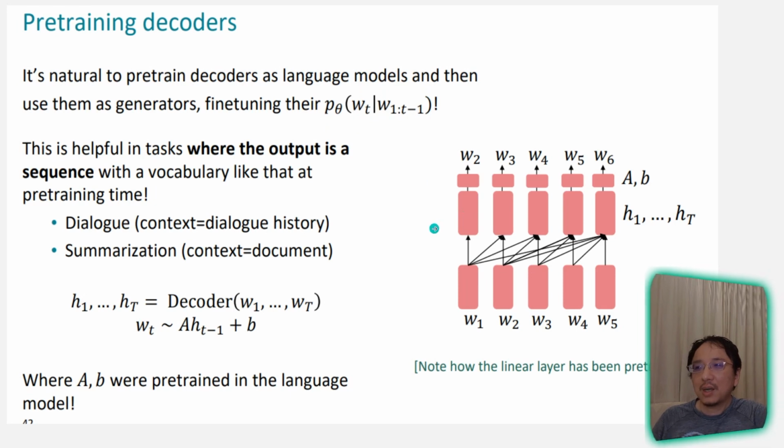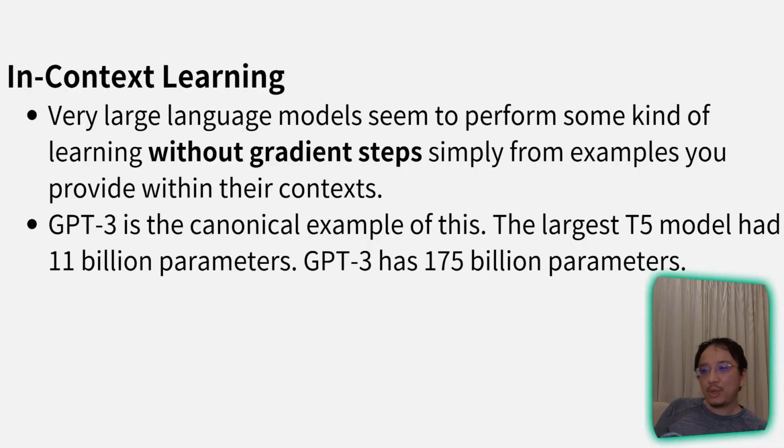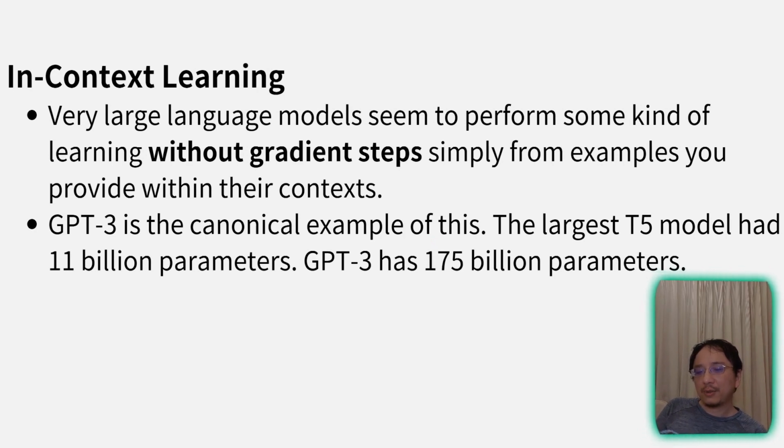So pre-training decoders is more naturally suited for the task of text generation. Starting from GPT-2, a decoder-based model generates surprisingly good quality text, and the models get bigger and bigger.